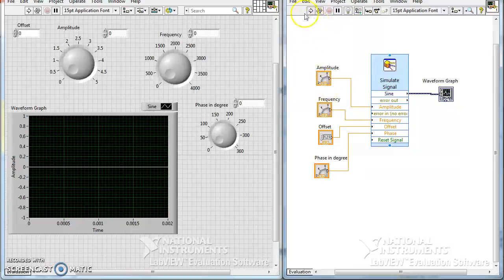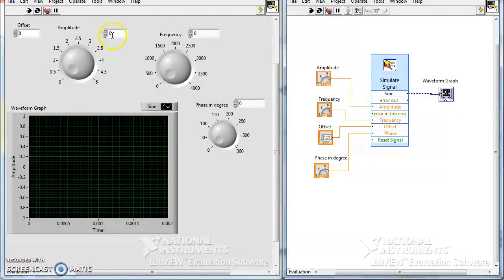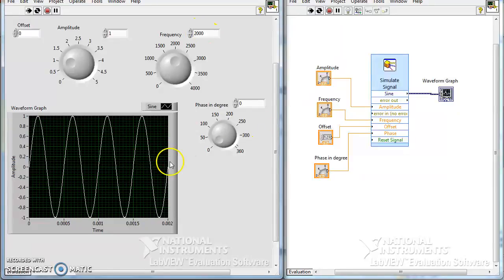Now I'll run the code continuously, and I'll give the amplitude as 1 volt. Let the frequency be 2000 Hertz. Coming to the adjustment of the x-axis: as soon as you pick up a graph, you will have the axis from 0 to 100.